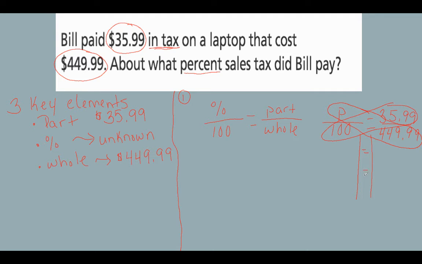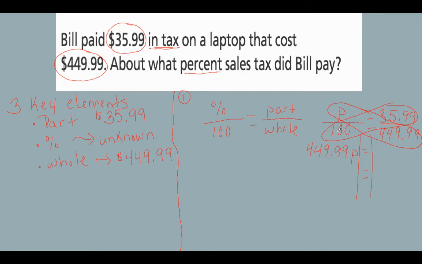So we do P times 449.99, and we don't know what that is because we don't know what P is. So I'm just going to write it like this, because when you have a coefficient and a variable next to each other, it is understood that you're multiplying.